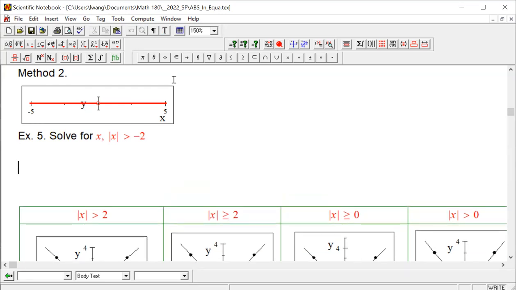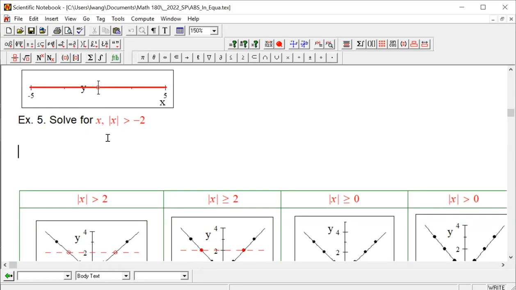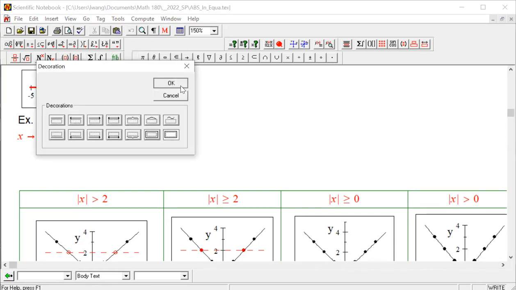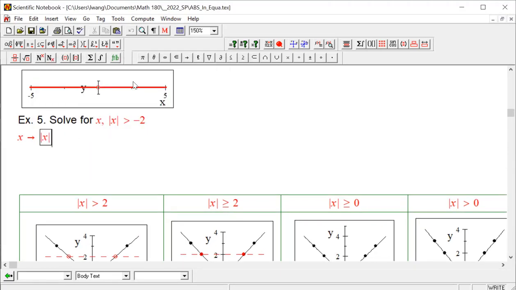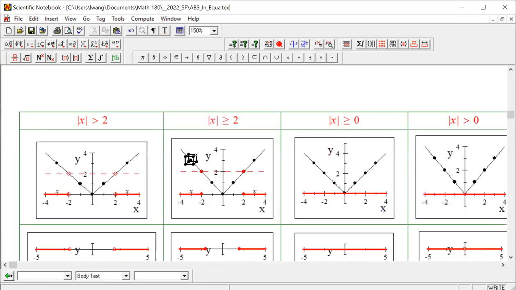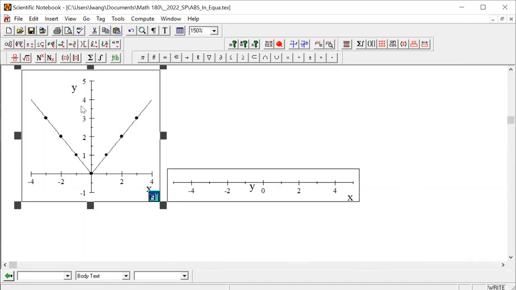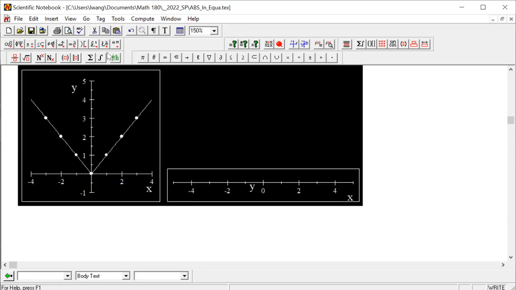From the function perspective, we have the absolute value of x, and we want the output to be larger than -2. If you look at the graph, I'm going to bring both graphs now.